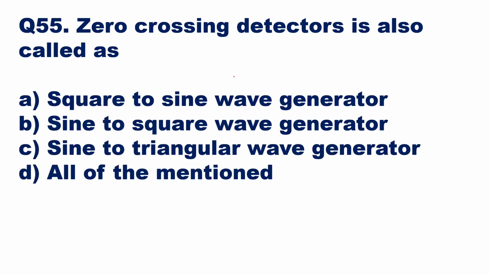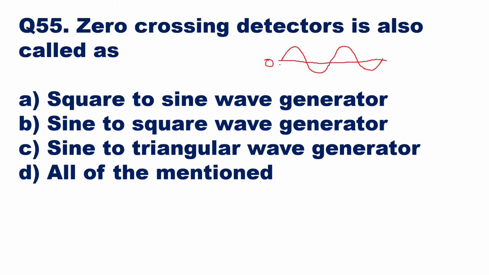Zero crossing detector is also called as what? The options are square to sine wave generator, sine to square wave generator, sine to triangular wave generator, and all of them mentioned. Now what is this zero crossing detector? If you see the waveforms of a zero crossing detector, say this is one input, it is basically a comparator where the input is compared with the zero line.